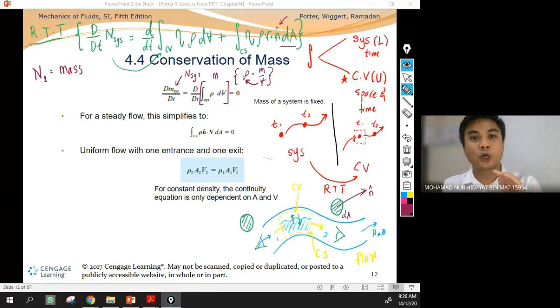All the properties are constant, fixed. So when there is a relation with time, it will equal 0. There is no change with time. We call it steady flow. The change d over dt of the property here, right? Whatever property here will become 0.